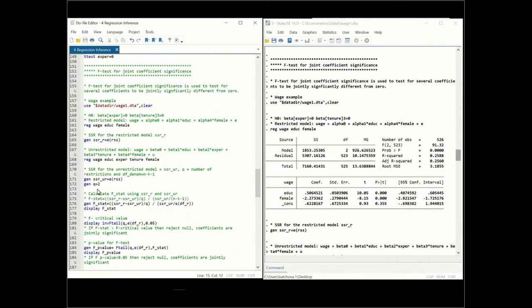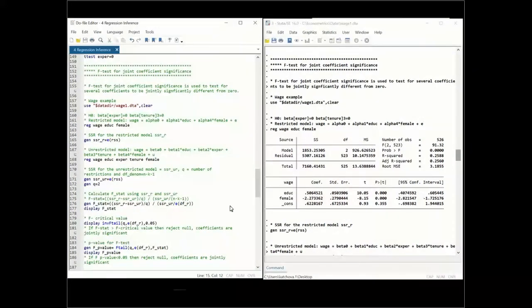Here q is equal to 2 because we're testing two coefficients. We're generating the F statistic, which is the difference between the sum of squared residuals for the restricted and the unrestricted regression, divided by the sum of squared residuals for the unrestricted model, and these are the degrees of freedom for the numerator and denominator.